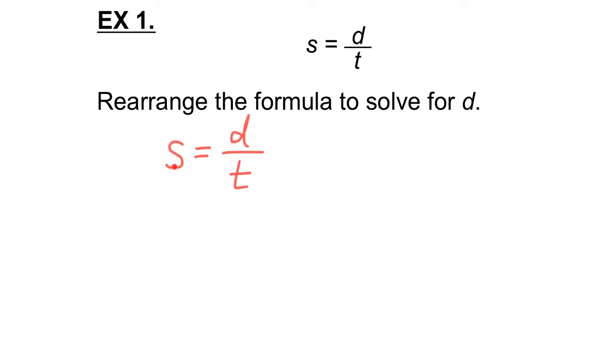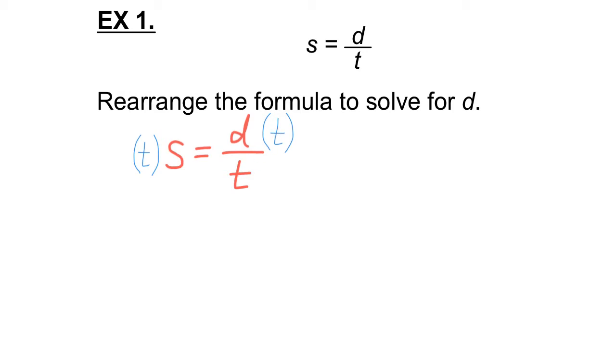So in our formula, speed is equal to distance divided by time. So if I want to isolate d, I need to do the opposite with t. So right now, we're dividing by t. The opposite would be multiplying by t. So we need to multiply both sides by t. So on the right-hand side, we have d multiplied by t divided by t.